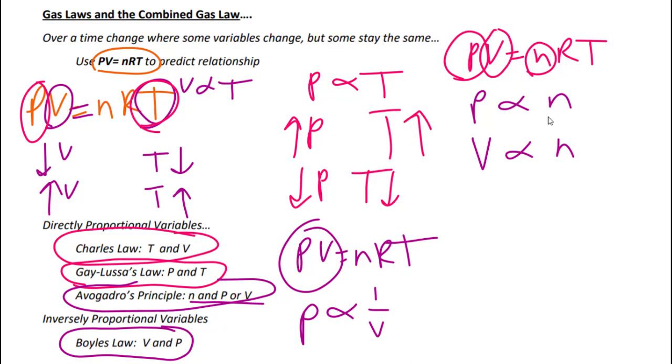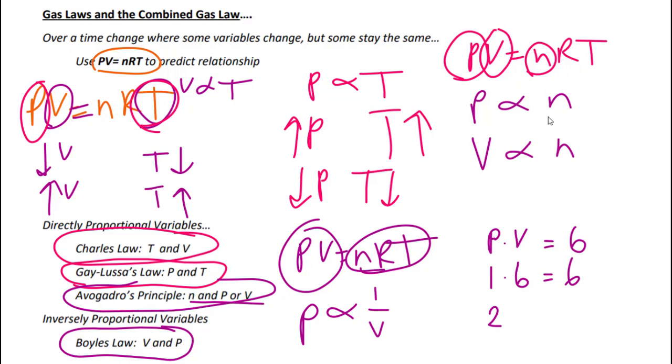And if you think about it, if I were to write this in simpler terms, let's say that nRT, we multiply all three of those together, and we got, let's say, a simple number to work with, 6. All right, so let's say I have P times V equals 6. Let's just say I had a pressure of 1 and a volume of 6. 1 times 6 equals 6. Well, let's say I increase my pressure from 1 to 2.